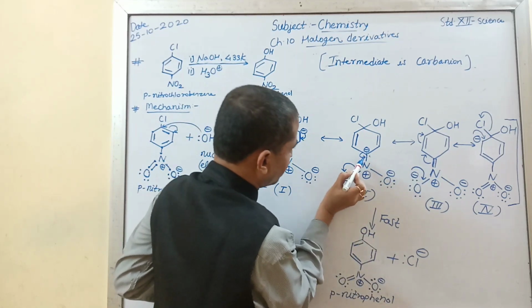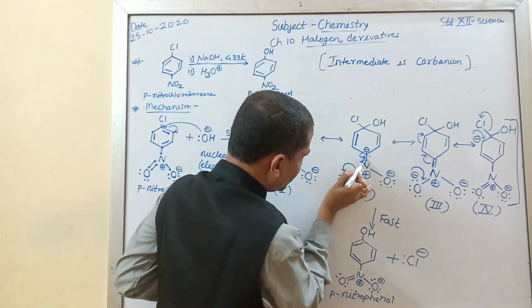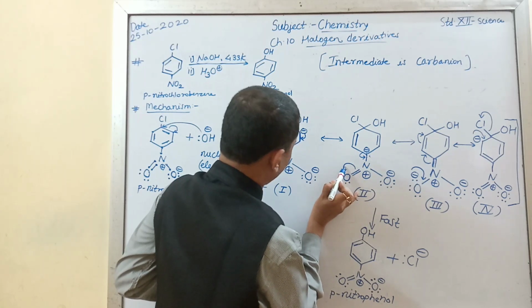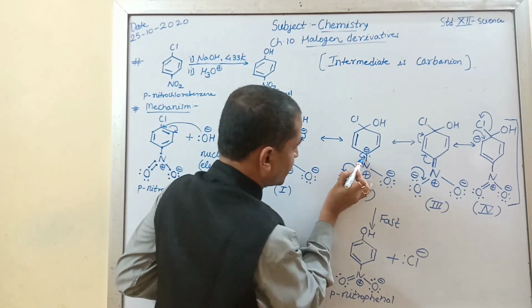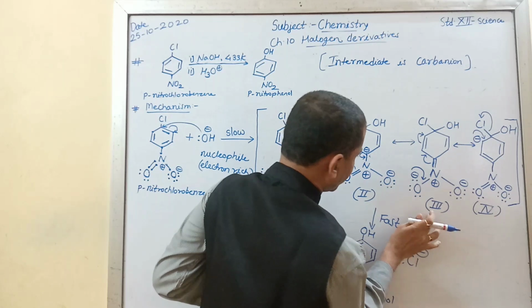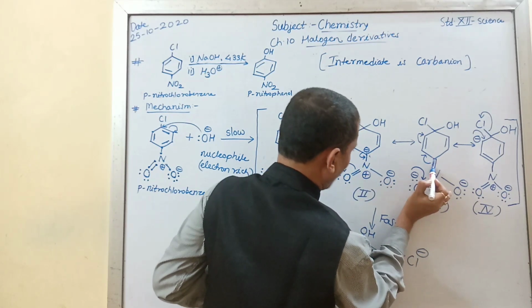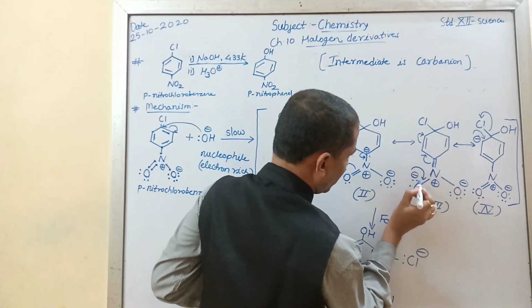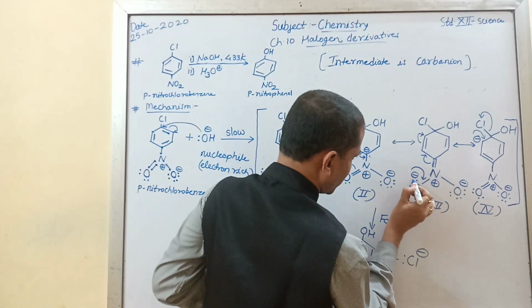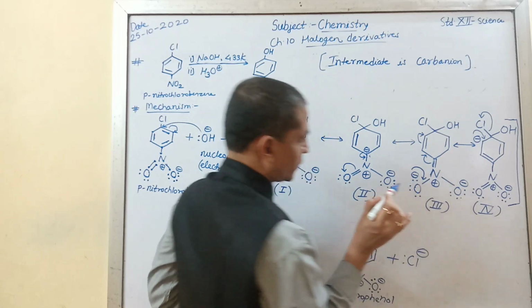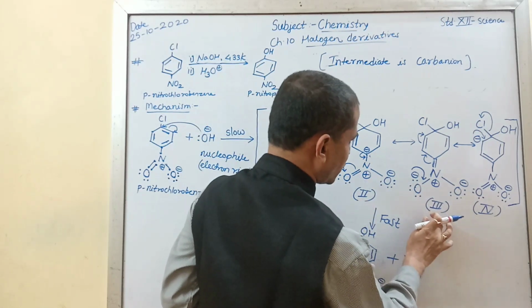Now see these arrows. Now what happens in the third resonating structure? Because of this arrow, there is a formation of a double bond, and because of this arrow, again oxygen gives 2 electrons and acquires a negative charge. So this is the third resonating structure.